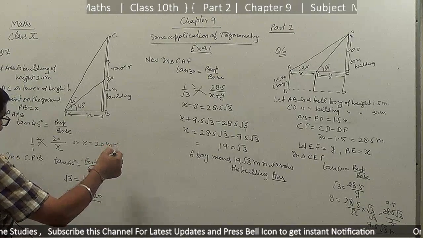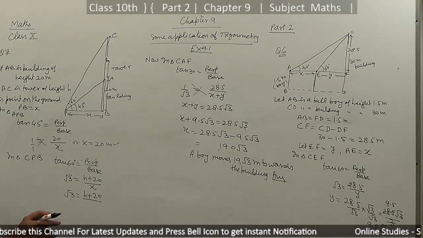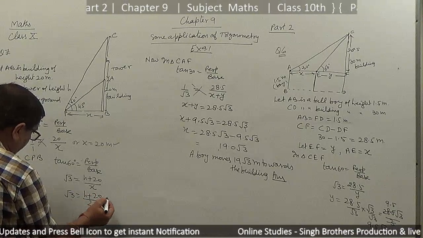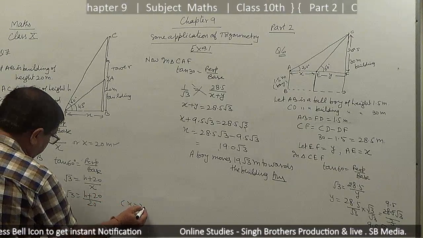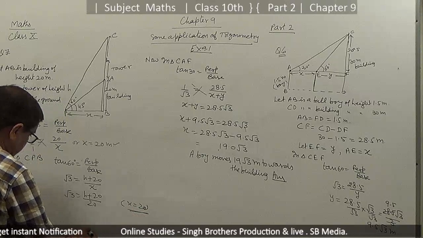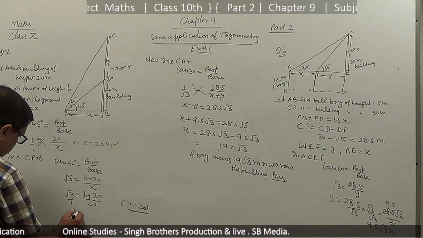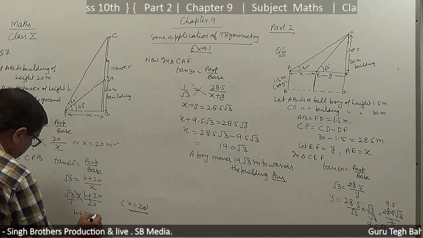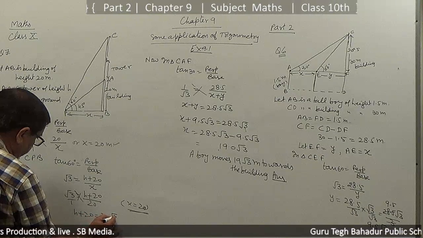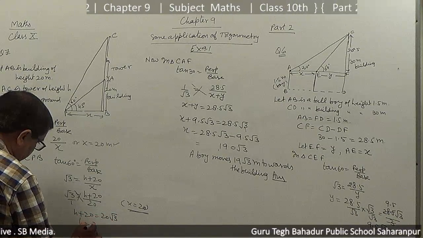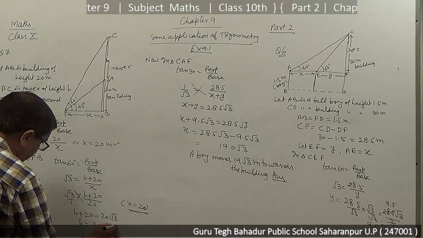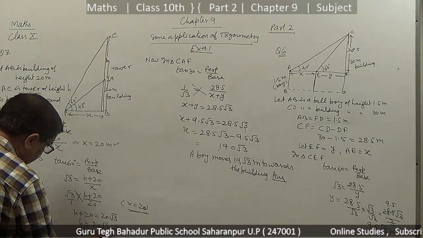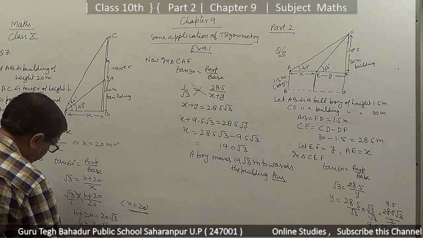We calculated x is 20, so putting the value of x as 20, cross multiply: h plus 20 is equal to 20 root 3, and h is equal to 20 root 3 minus 20. Taking 20 common, 20 times root 3 minus 1 meter.